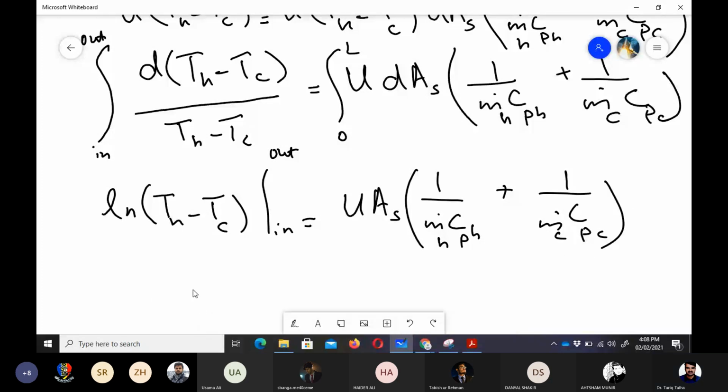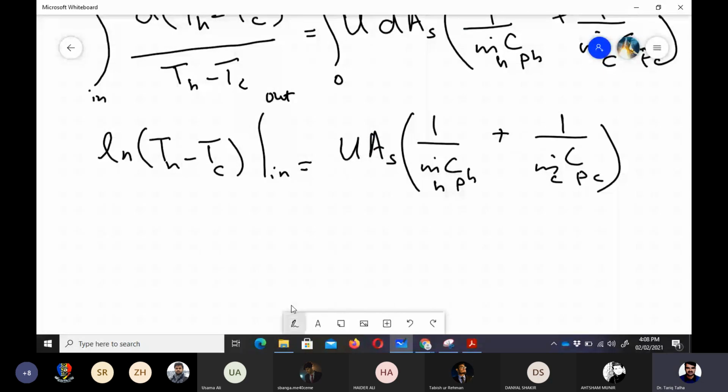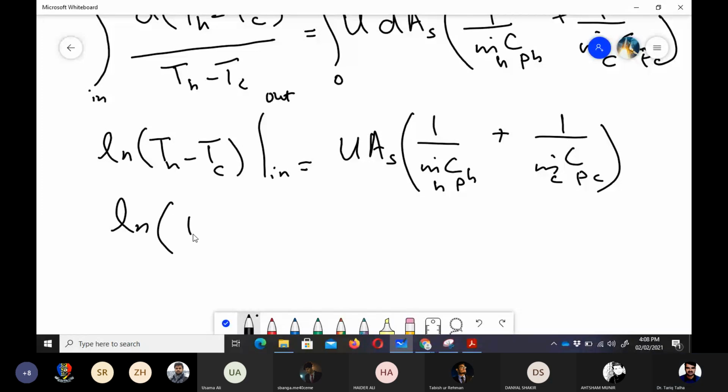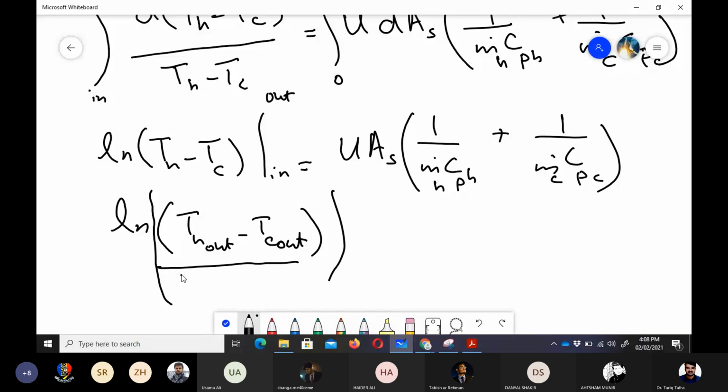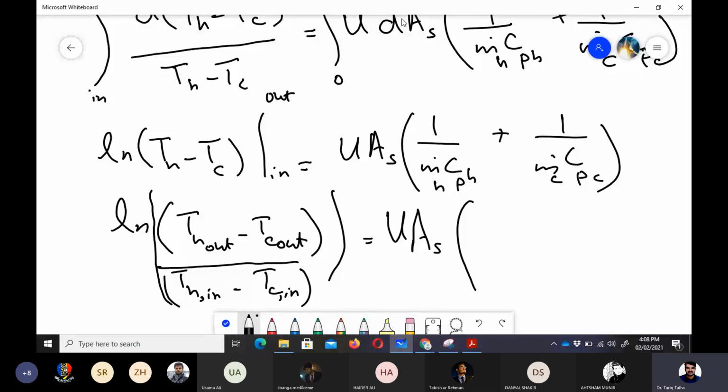Now if we do the simplification, we can write (Th out minus Tc out) divided by (Th in minus Tc in), the whole log of that, would be equal to UAs. Yes, so how is it As?